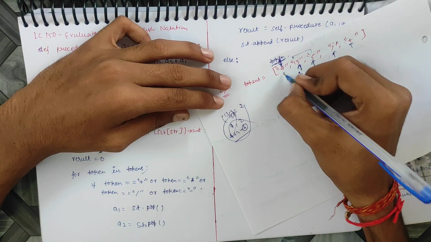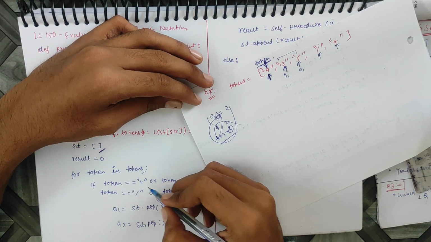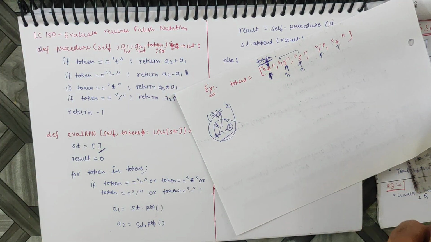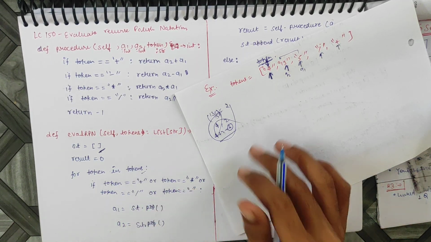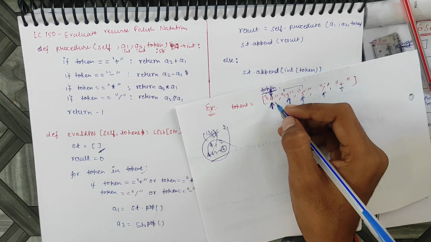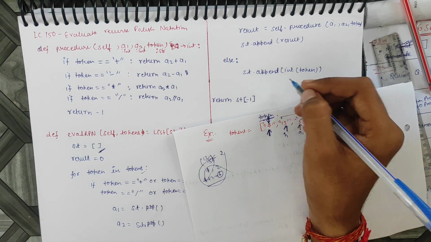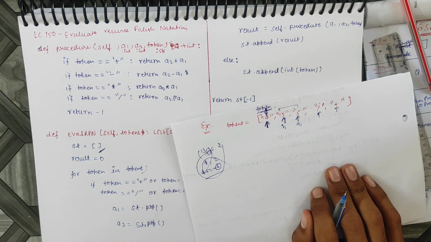So let's start from 4. We are at 4. If the token is plus, minus, multiplication or division, then we perform these operations. But the if condition is not executing here, because the first element we have found is 4. There is an if-else condition. In the else condition, we append that value.